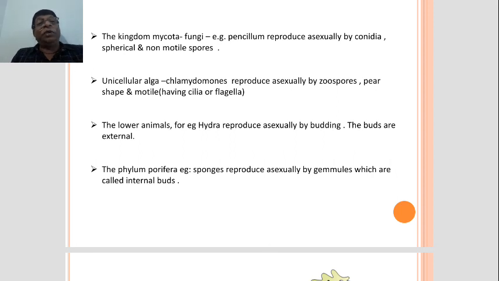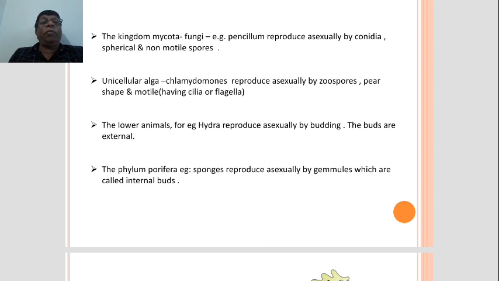See what is the difference between conidia and zoospores. Conidia are spherical in shape, zoospores are pear-shaped. Conidia are non-motile, whereas zoospores are motile. In conidia, cilia are absent, whereas in zoospores cilia or flagella are present.